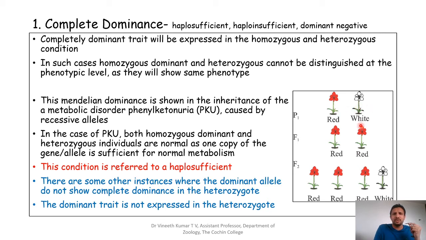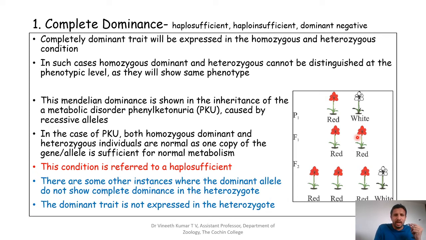When they are crossed, you get red flowers in the F1 generation. That means the red one is directly inherited to the F1 generation, and the red present in the F1 is said to be the dominant trait, and the white, which is not seen in the F1, is considered recessive.